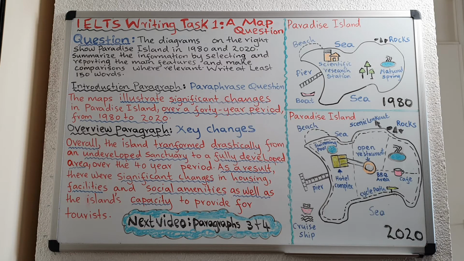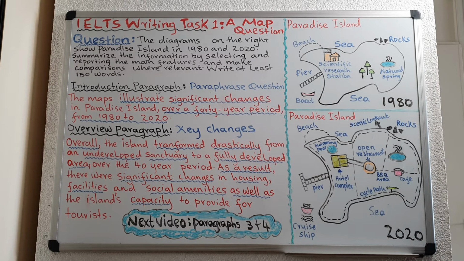Apart from the scientific research station, you have the natural spring, you have some trees, you have the sea, you have the beach, you have the pier, you have the boat, and you have some rocks. So the island is still in its natural state.